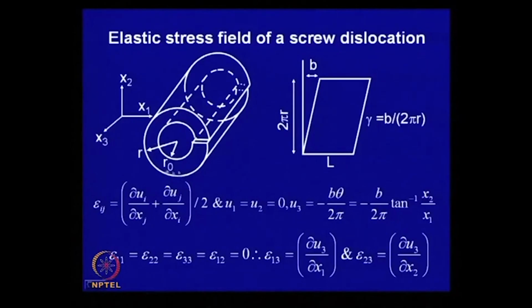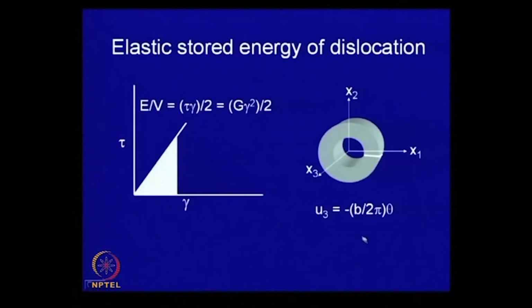You look at it like this. If you go round an angle 2 pi, what happens? You move through a displacement along the x3 axis, and this displacement is b. So, if you move not through 2 pi, but through angle theta, then the most general expression for u3 displacement is b theta over twice pi.